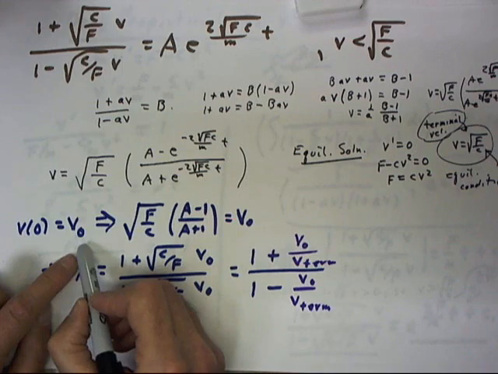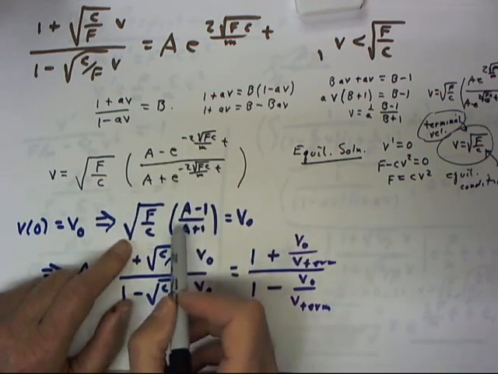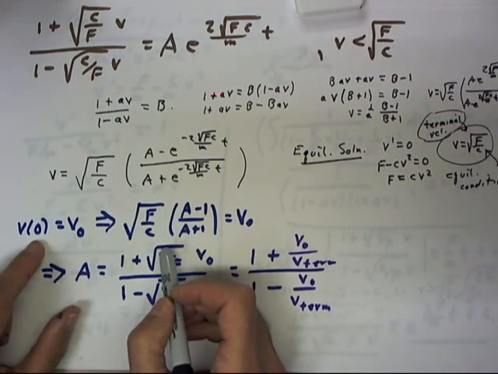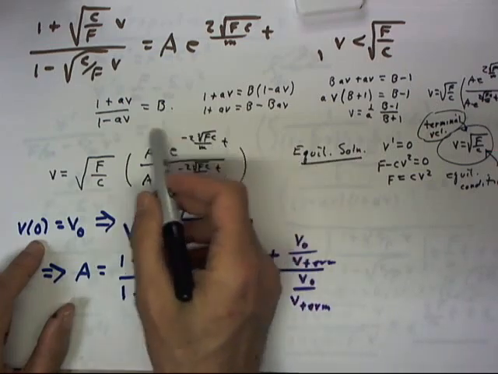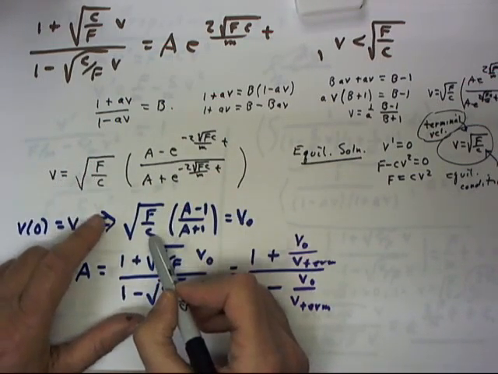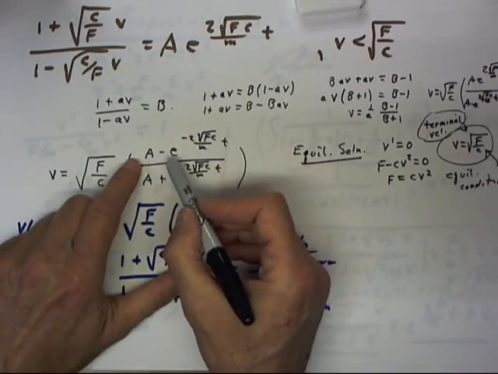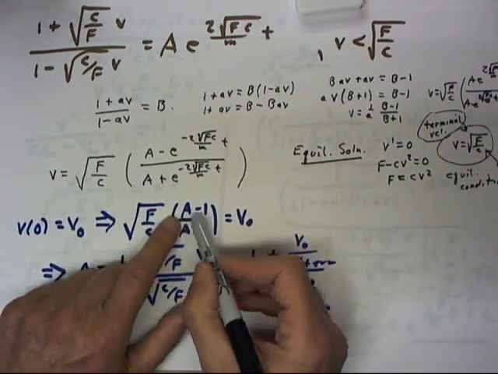So if V of 0 equals V naught, then this expression here, where we plug 0 in for t, our velocity function becomes square root of F over c multiplied by A minus e to the 0. Well, e to the 0 is 1, so we get A minus 1 for the numerator, A plus 1 for the denominator.